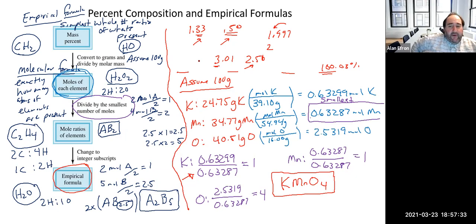The importance of an empirical formula is that oftentimes they're the first formulas that are discovered by perhaps a researcher. The importance of it is it gives you the basic combination that's happening between the different elements, the basic ratios at which they are coming together in this particular compound.